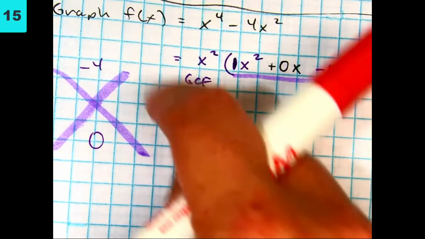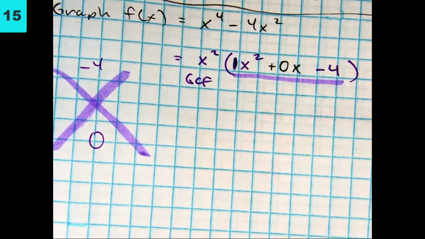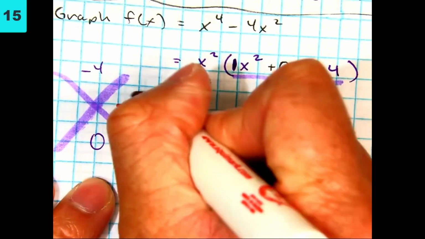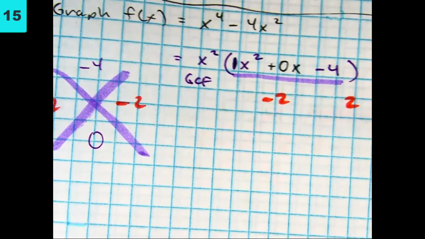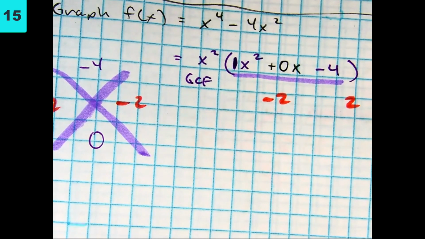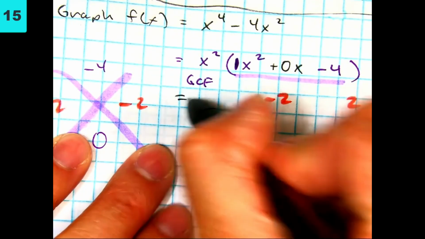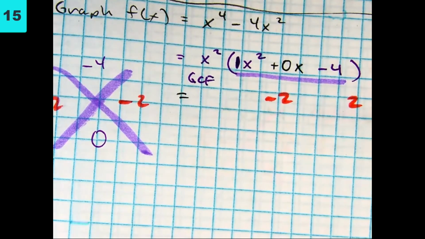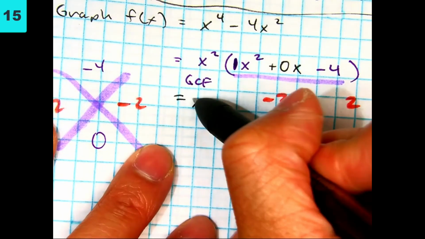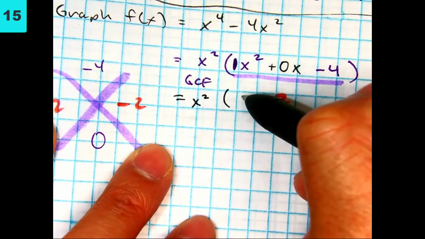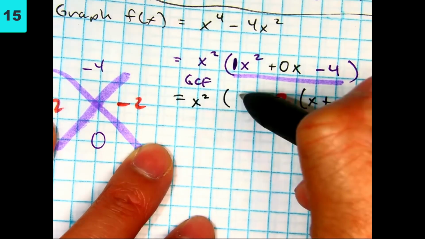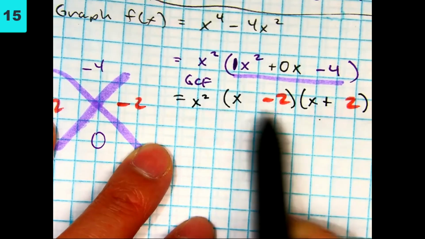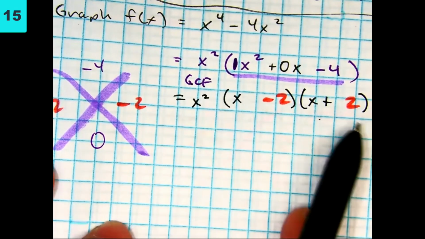Two numbers that multiply to be -4 but add to be 0. Thank you. Kaylee S., help us fill this in. Class, does the order matter? No. So here we have this now factored.